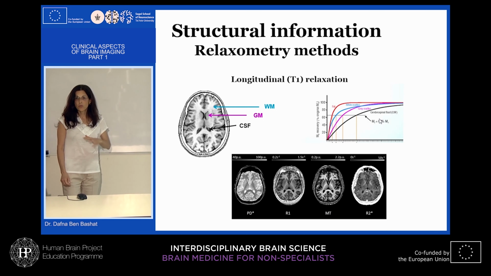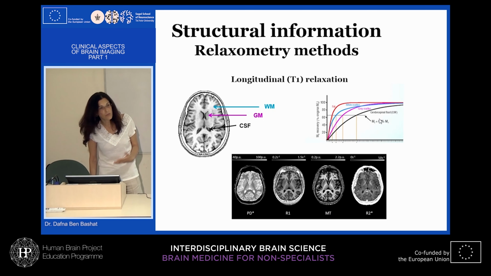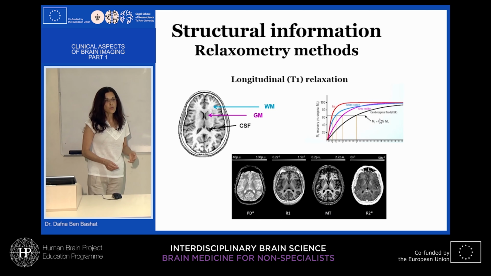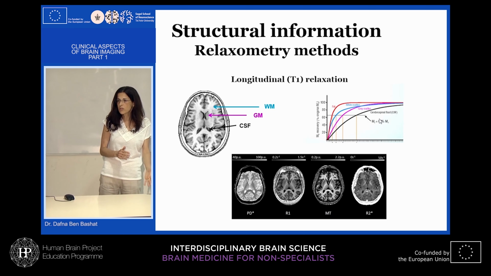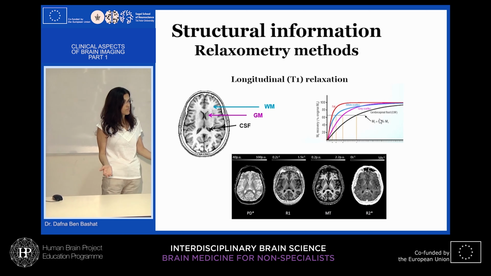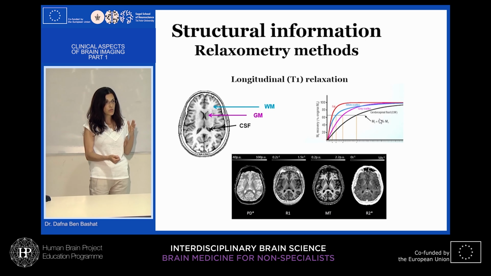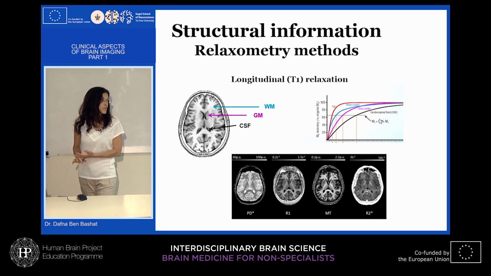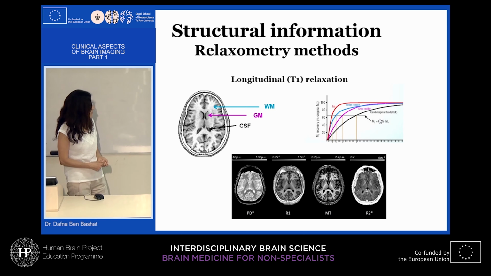Another thing is that where the world is going, both in clinical research and in clinical practice, is towards what we call quantitative MRI. We don't want just T1 weighted images, where a 2-year-old child and a 20-year-old student will have the same contrast. It's T1 weighted, it's not the value. We know that the brain matures and that values change, so we want the ability to quantify them.